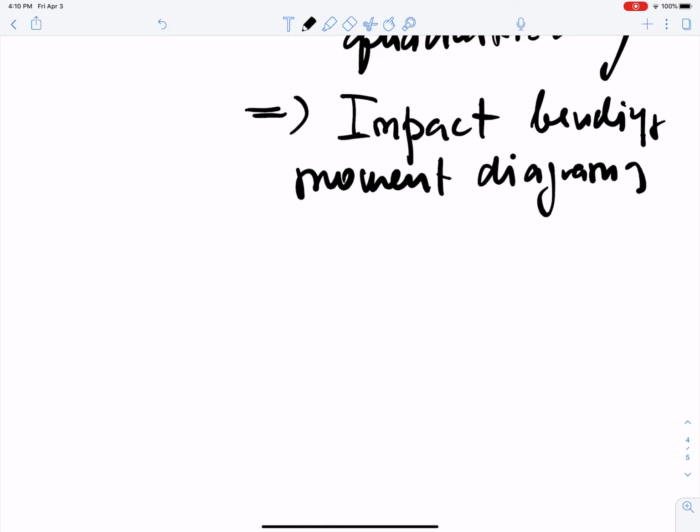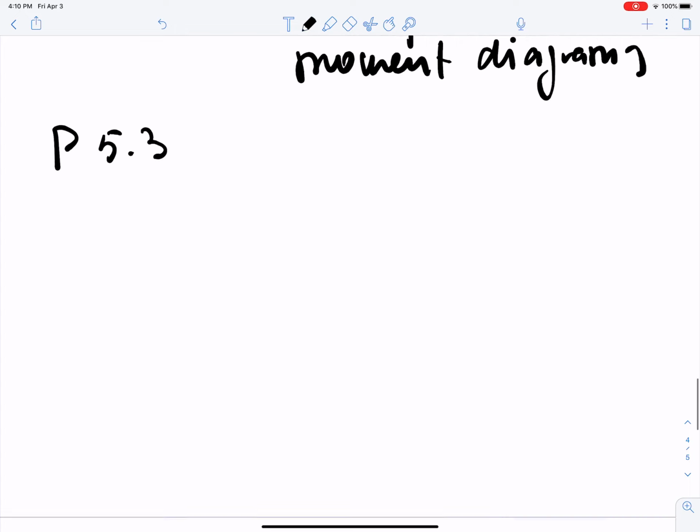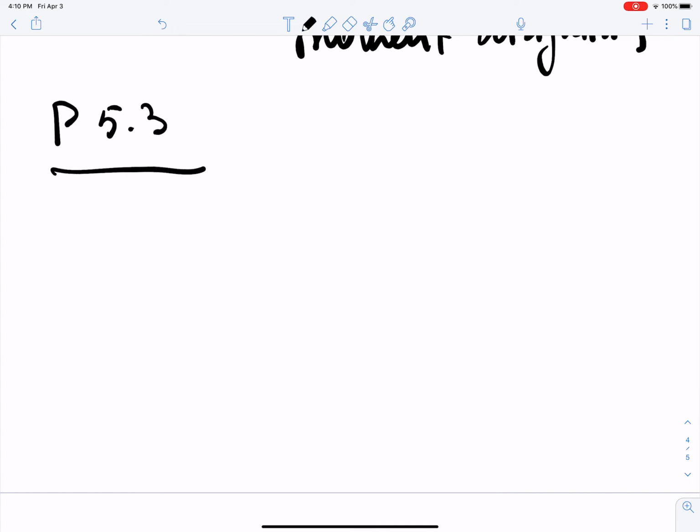So if you look at the notes, same page, 5.3, not 5.6, 5.3. What you find is the moment is plotted as follows.